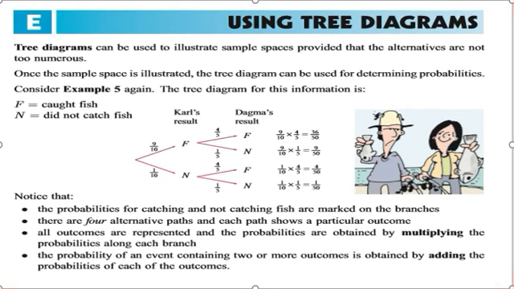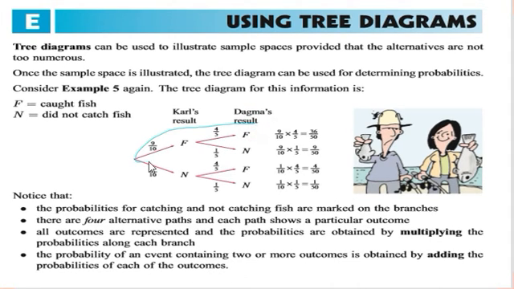So if both of them were able to catch a fish, this is the branch being described for this solution. Okay, so the probability for that is 36 out of 50. So both of them, Carl and Dagma, being able to catch a fish is 36 out of 50.